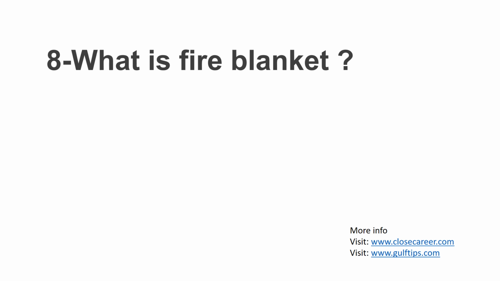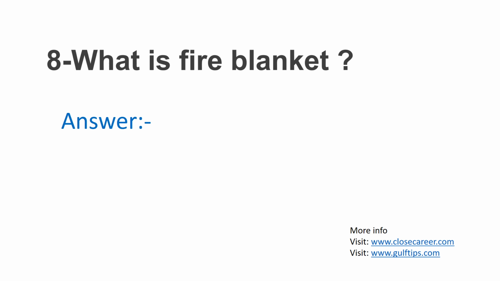Question number 8. What is a fire blanket? You might already know about the fire blanket. It is also used to put out fire. If there is a small fire, we can use the fire blanket to put it out.